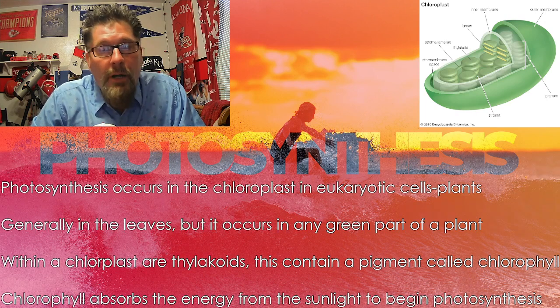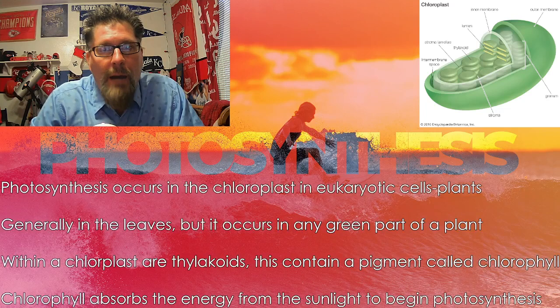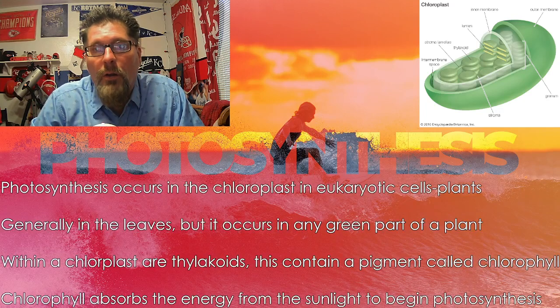But unlike the mitochondria, where cellular respiration occurs, the mitochondria is just a place where it happens, but the mitochondria isn't really involved in what's going on. The chloroplast is the exact opposite. It is doing a bunch of things to get this done, and a bunch of the components of the chloroplast play a big part in photosynthesis.